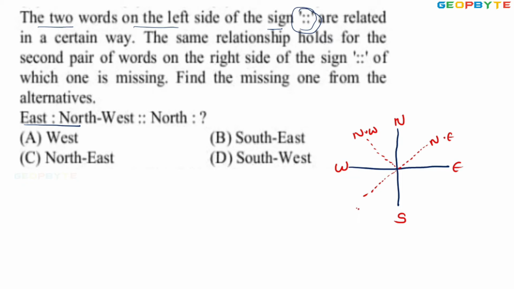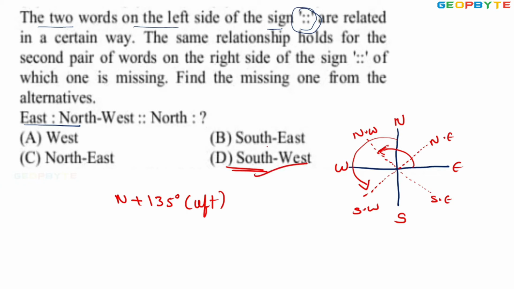South and west middle, southwest. Southeast. Okay, friends, east becomes northwest, meaning it traveled 135 degrees anti-clockwise, I mean left side. In the same way, north plus 135 degrees left means what is the answer? Southwest. Southwest means option D. This is the answer.